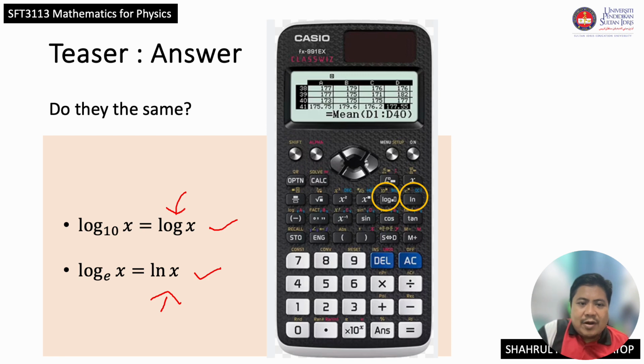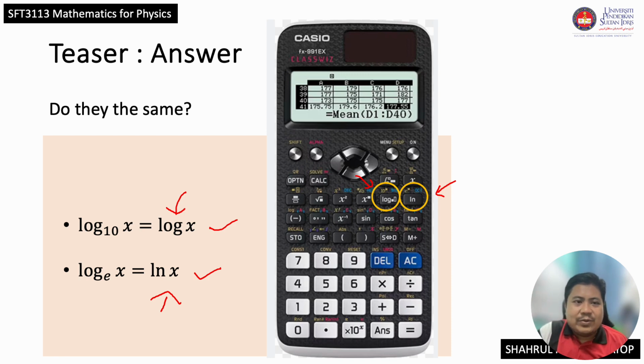On your calculator, recognize these two buttons. One calculates the natural logarithm, and the other can be used for a logarithm with any base, depending on your calculator. Recognize them so that you don't make mistakes.